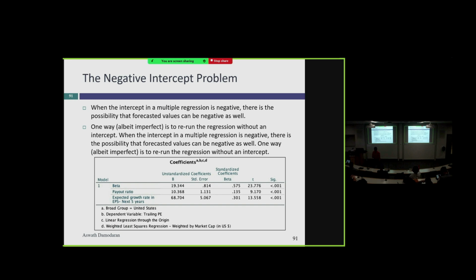But almost every statistics package, including Excel, will give you a choice of running the regression through the intercept, letting the constant be 0. When I have a regression with a big enough negative intercept that I'm worried, I just rerun the regression. Statistically, you're losing some power because you're tilting the line, instead of finding the best fit line. But in return, you get a 0 intercept, and the R-squares that will get reported will be huge, will be great, but they're deceptive. The R-square that matters is the one that you got with the original best fit line.